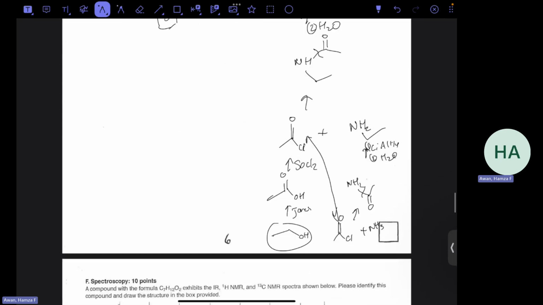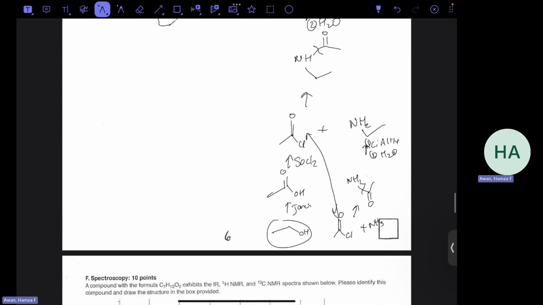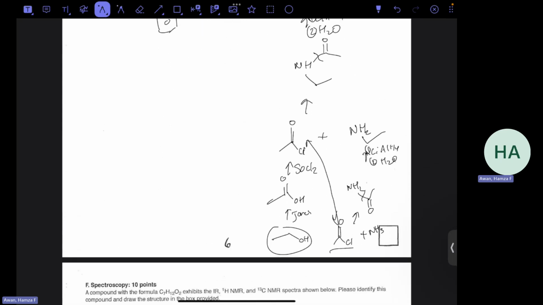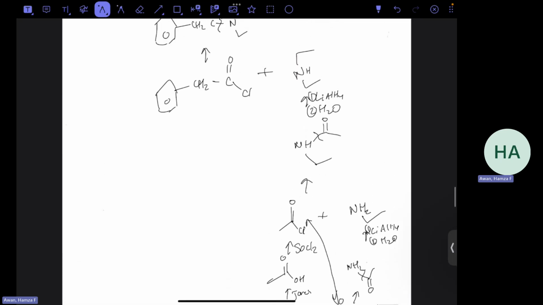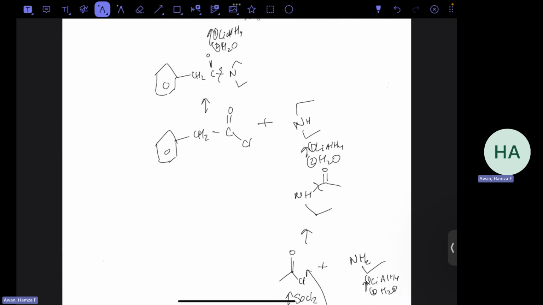Okay, and onto the left side. We've done everything that we need to do over here. We've made our acid chlorides, all good and dandy. Left side, same thing. We have our acid chloride, and what we can do here is make it back into a carboxylic acid. We can do that using SOCl2.